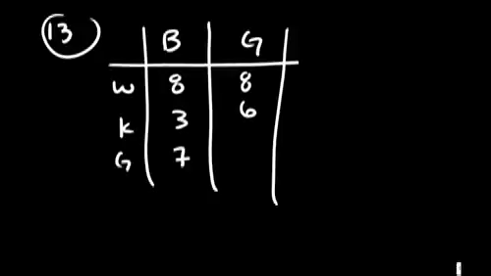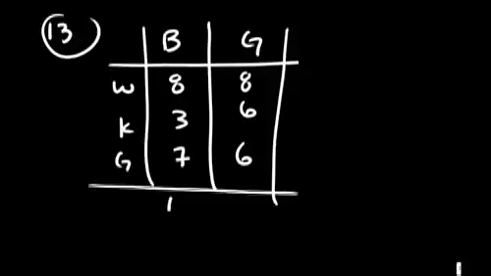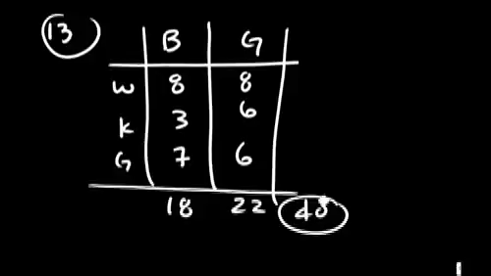And 6 girls are from Glencoe. So notice this means there's a total of 18 boys, 22 girls, so we can say that there are 40 students.